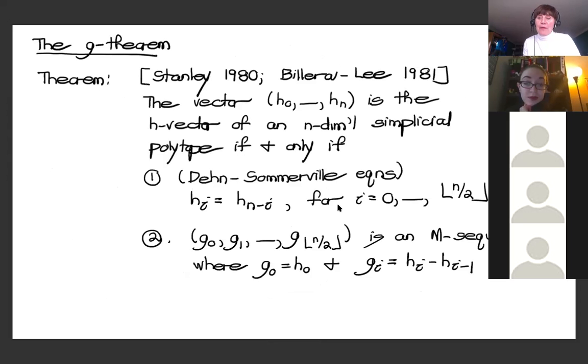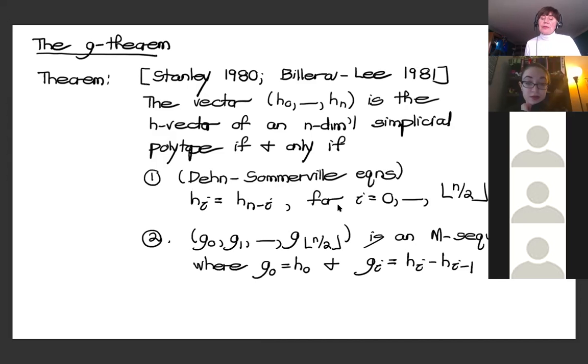Okay, and then I just have, for everyone to have it, the g-theorem. This is the characterization of the F vector of a simplicial polytope, which is equivalently to characterize the H vector, and this is due to Richard Stanley. In one direction, he had to use algebraic geometry methods, and Billera and Lee in the other direction gave a geometric construction. One condition is that for an H vector you have to have the symmetry h_i equals h_{n-i}.